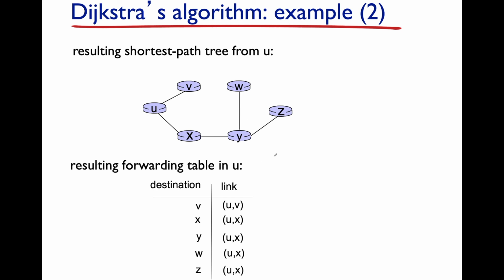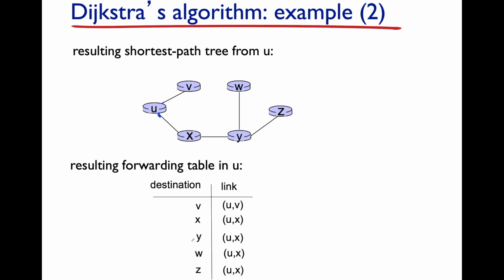And so now, if we were going to cook this down into a forwarding table and update the forwarding table at each of the routers, we would say, okay, if I'm router U and I have a destination address V, I'm going to go out this link, out that port for that link between U and V. If I have a destination address of X and I'm at router U, I'm going to forward out this port along this link, UX.